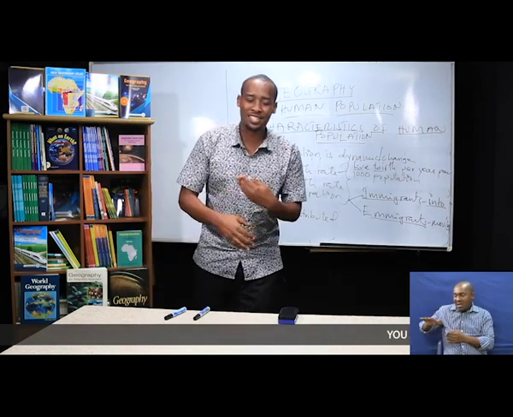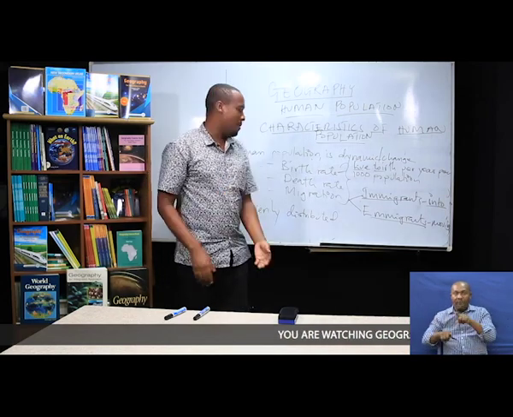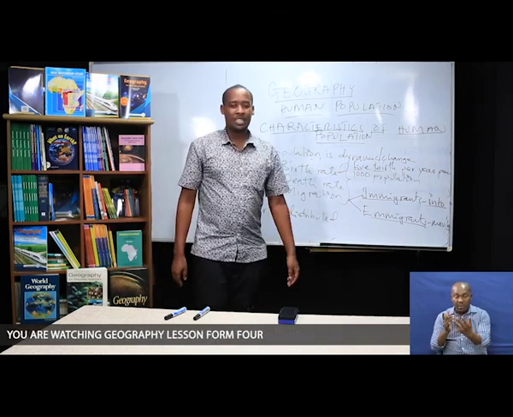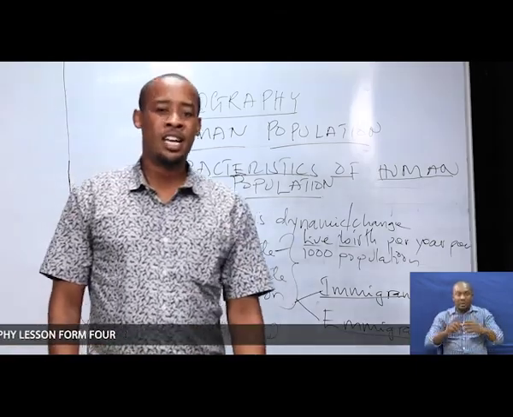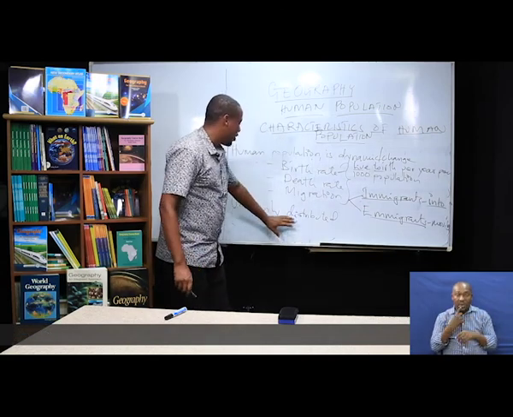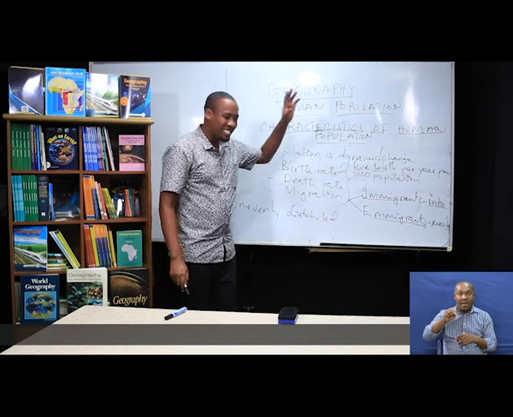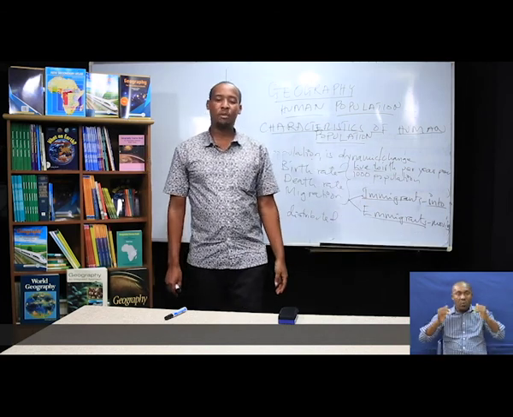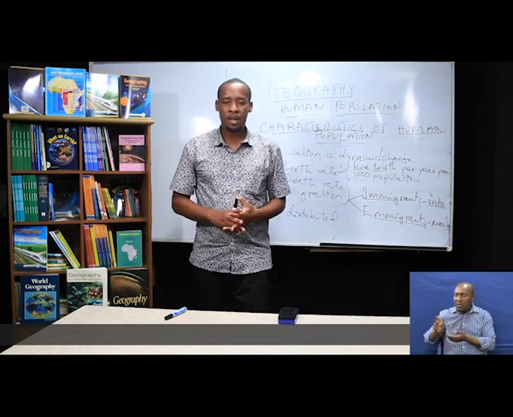So the variations of several factors make the human population unevenly distributed. So when I say uneven or unequal distribution, that means some of the areas have high populations, some of the areas have low populations.